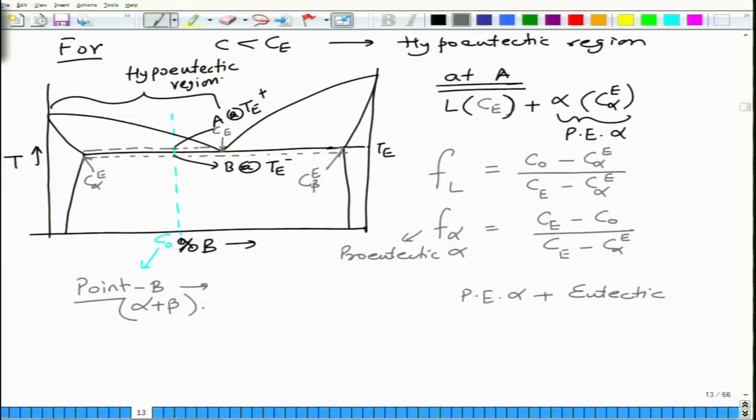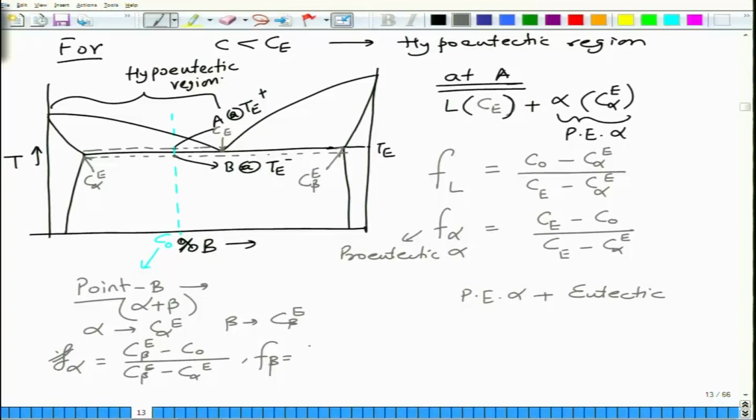At point B, just below the eutectic temperature, alpha is of composition C alpha E and beta is of composition C beta E. So the fraction of alpha is C beta E minus C naught divided by C beta E minus C alpha E, and the fraction of beta is C naught minus C alpha E divided by C beta E minus C alpha E.